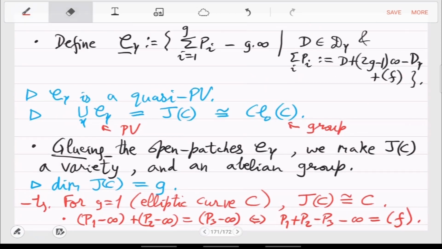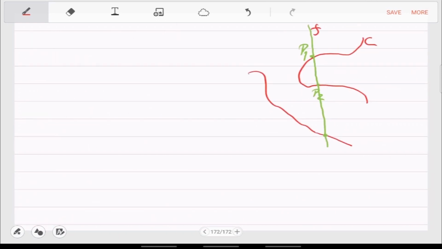Maybe I should call it L. Yeah, so the line is that function which contains P1, P2, so it uniquely defines L, and this point is then in the formal setting minus P3.